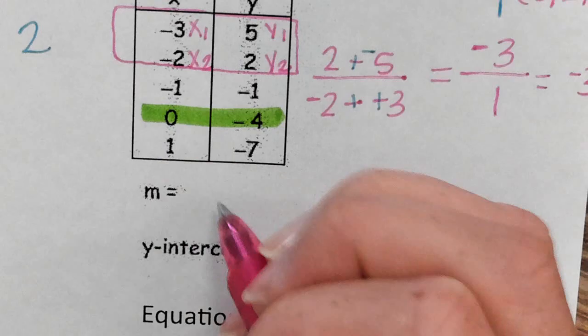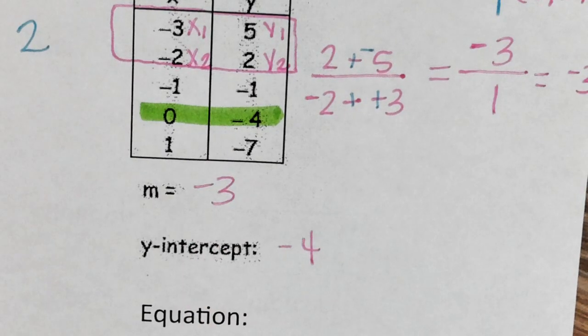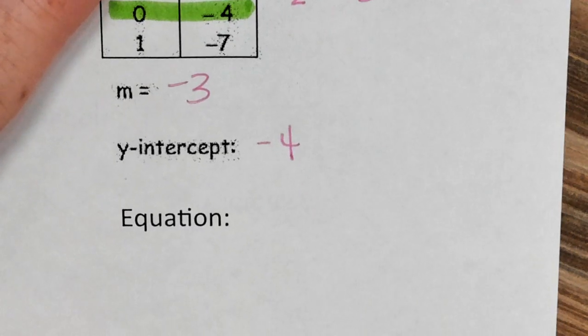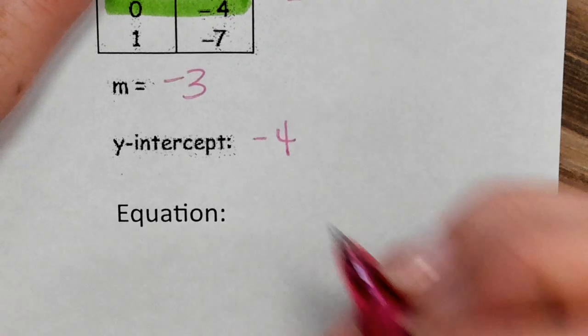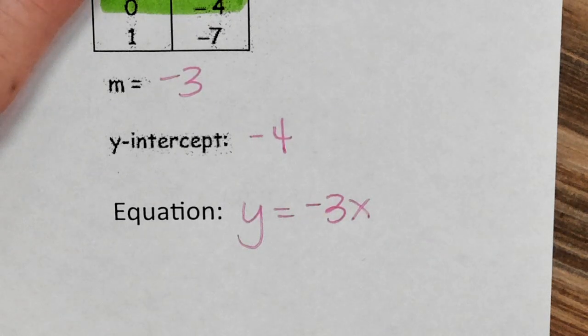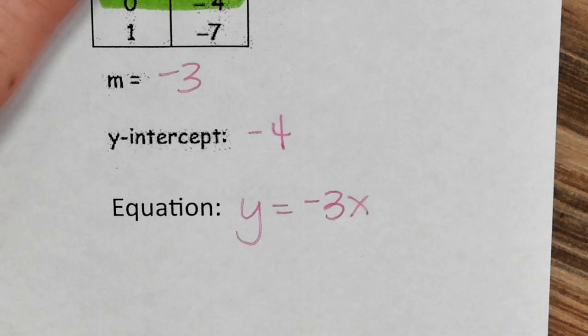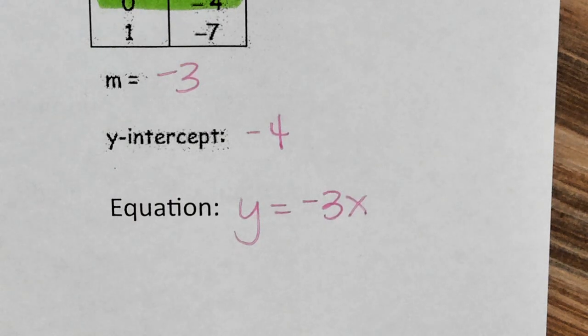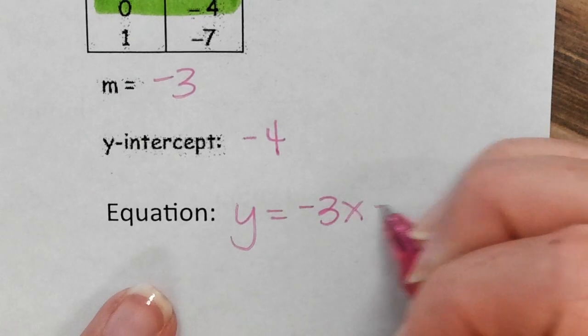Negative 3. Now we need to write an equation. How would I write an equation like this? Y equals negative 3. Hold on. Y equals negative 3x plus negative 4. That's correct. What's another way I could put it? Could I do this?